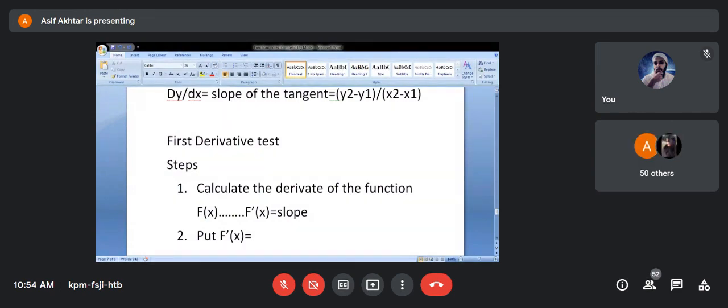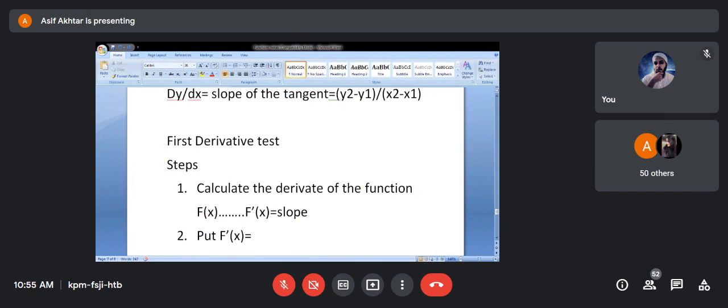Step 1 is we have the differentiation, and we calculate the derivative, and this derivative will give you the slope. The point here is that we are getting the slope of the tangent, and we are determining the point of maximization or minimization.